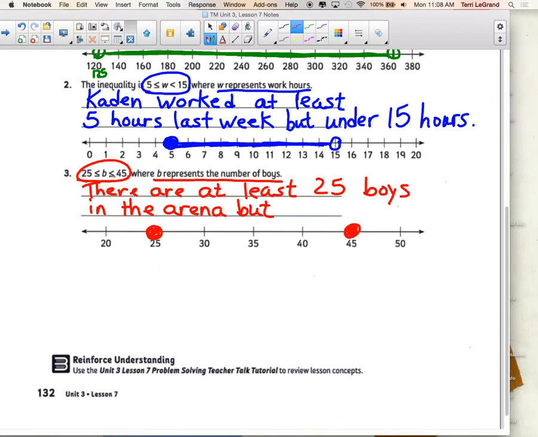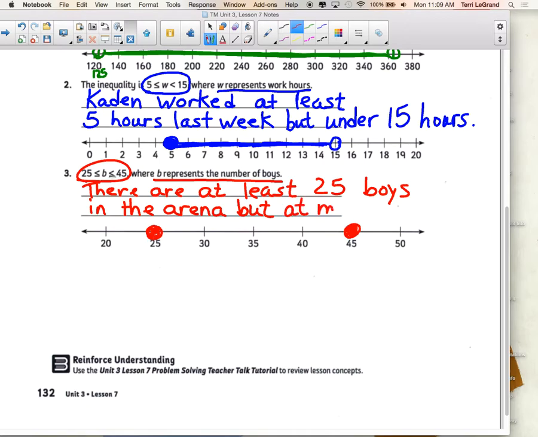Can you think of any other types of words that might work for this, Charlie? Well, up to means up to it, but not including it. You got something, Sylvia? At most, there you go. I think that's what Sylvia was going to say too.